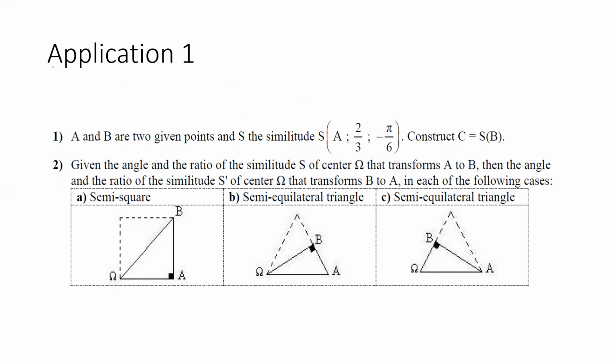So the application 1. I have 2 points, A and B. Suppose I have 2 points here. هيدا A وهيدا B. I have to find the image of B by the similitude of ratio 2 over 3 and angle minus pi over 6.